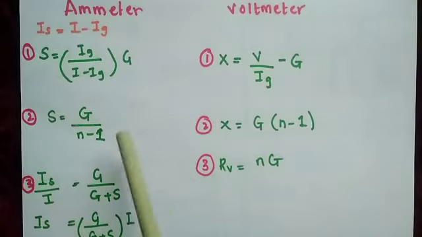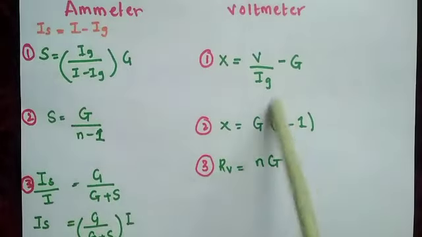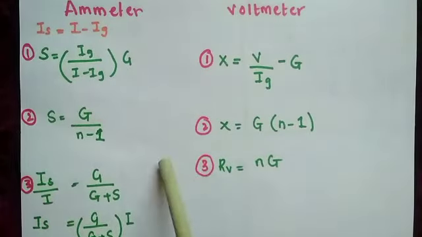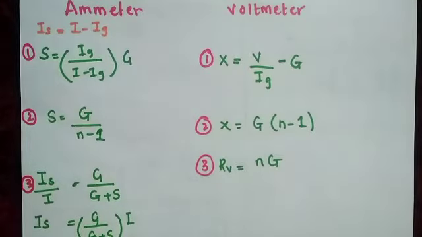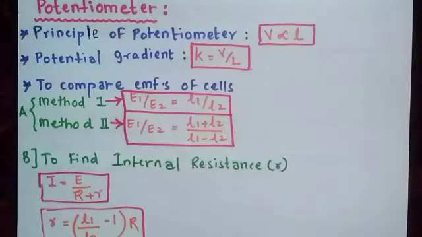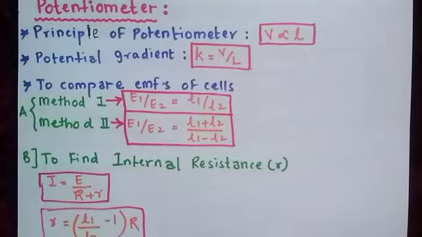These were the formulas that we have derived, and after this we studied the difference between an ammeter and a voltmeter. So these are the things that we have studied in this chapter, current electricity.